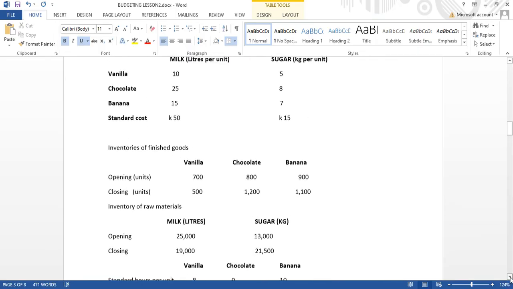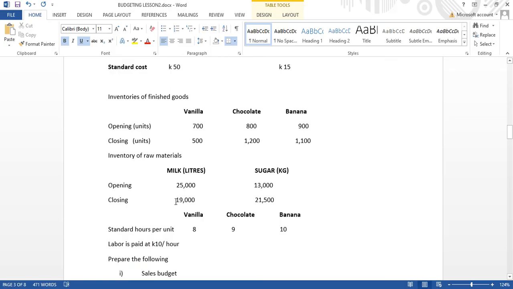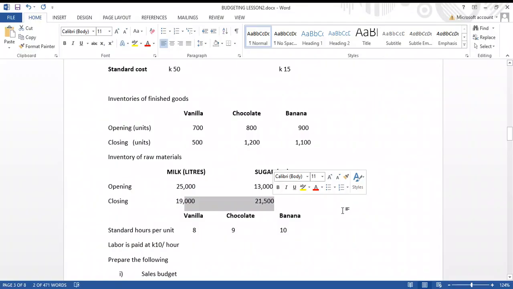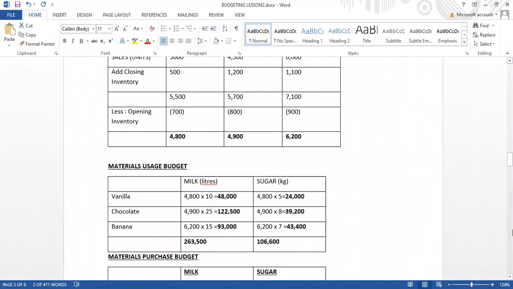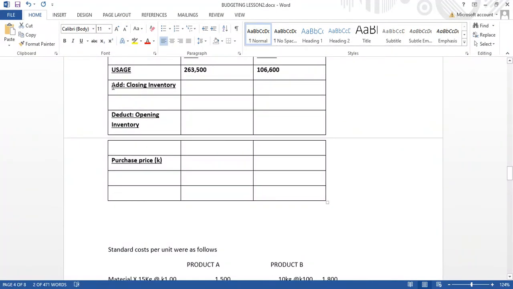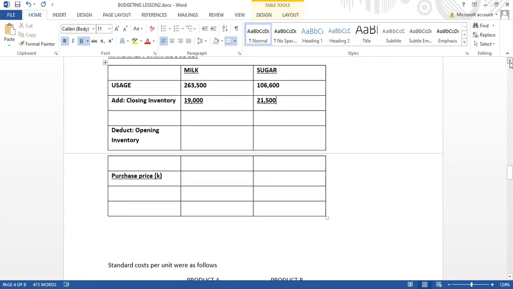So closing inventory for milk we need 19,000 liters, and closing inventory for sugar we need 21,500 kg. Right. So milk 19,000 liters as our closing inventory, and sugar 21,500 as our closing inventory.